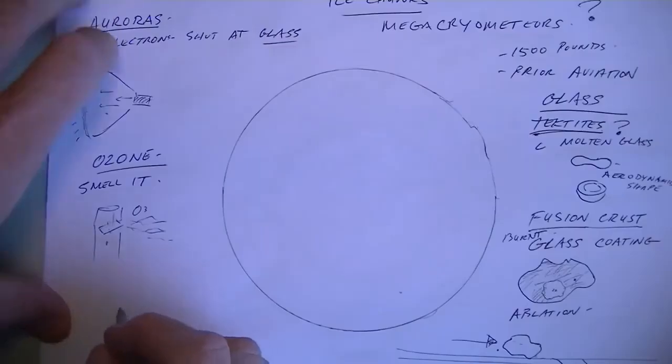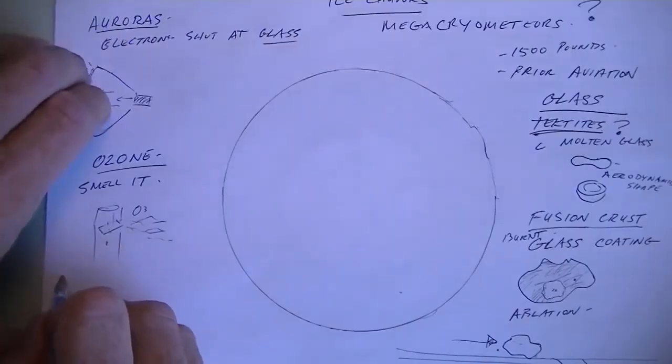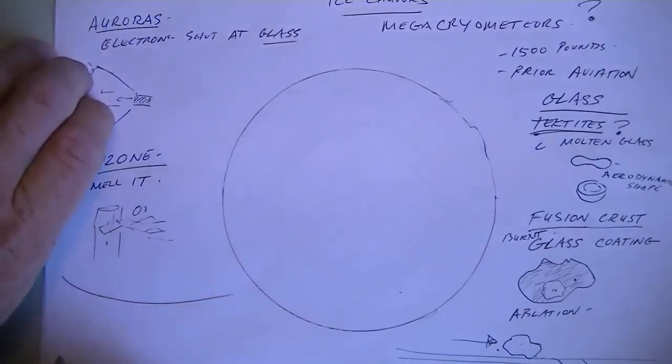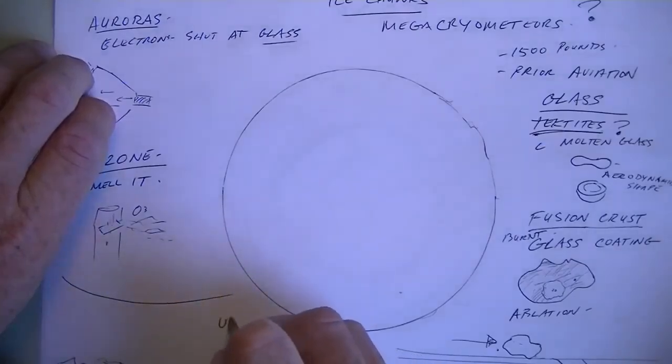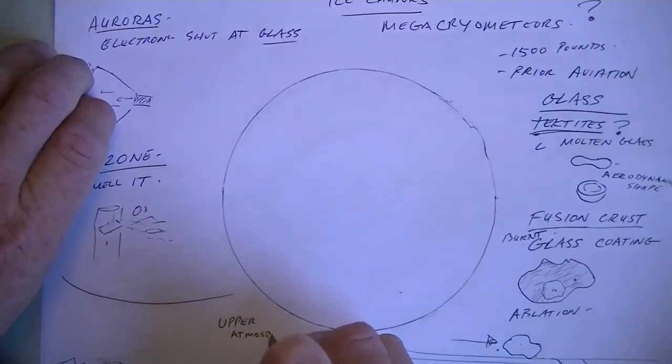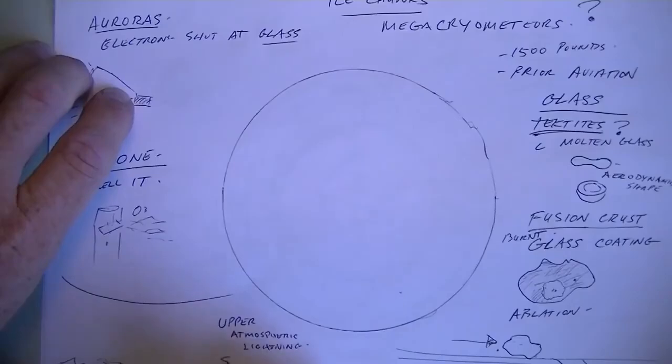Another reason that we have glass in the sky is because, to draw a little cross section here, here's the earth, here's the water, here's the clouds in the sky. In a thunderstorm, you have the lightning beneath the clouds, right? But you also have upper atmospheric lightning. They call those sprites.